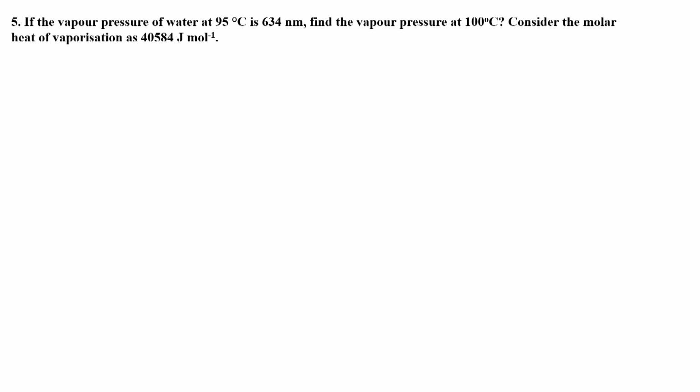Next, we move to problem number 5. It says if the vapor pressure of water at 95 degrees Celsius is 634 mm, find the vapor pressure at 100 degrees Celsius. Consider the molar heat of vaporization as 40584 joules per mole. So, here liquid is in equilibrium with vapor.